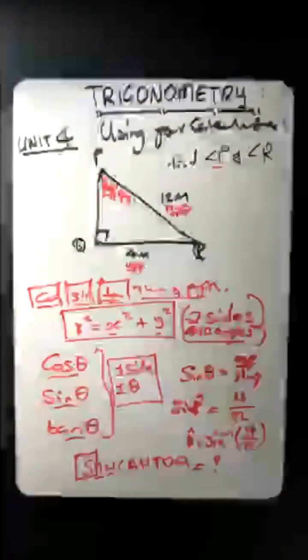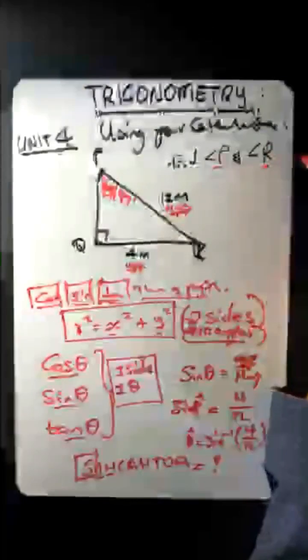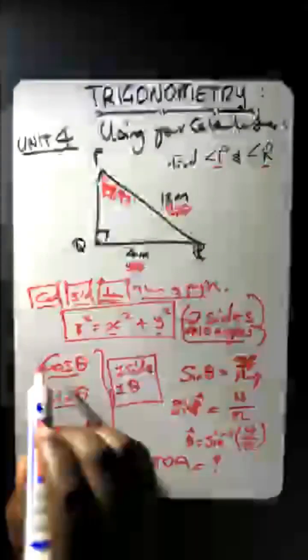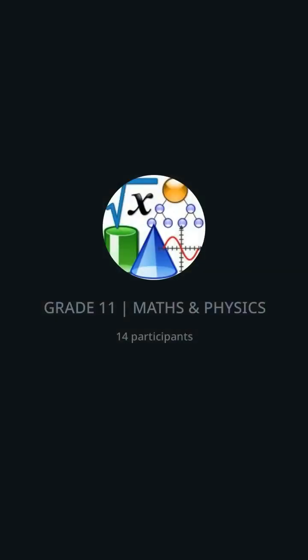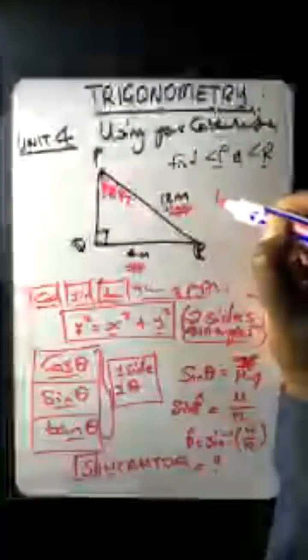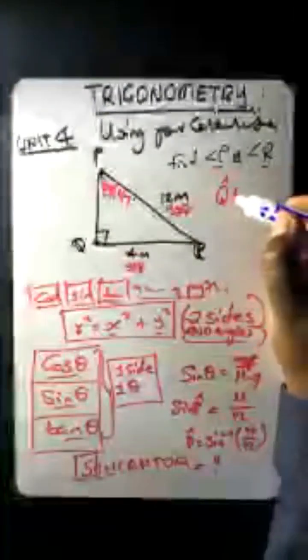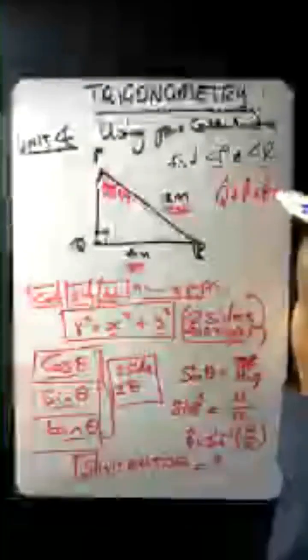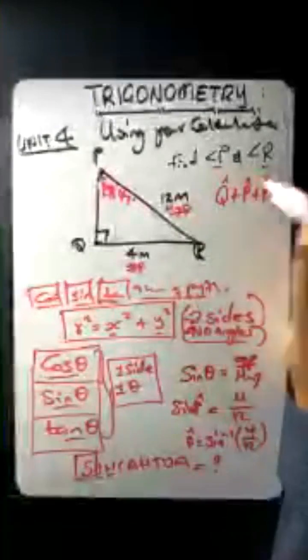Okay, so next question, they say calculate angle R. You can either use a suitable trig ratio, or you can just say, since I know that angle Q is 90 degrees, I can add it to the angle that I calculated and then add angle R. I know they must give me 180.